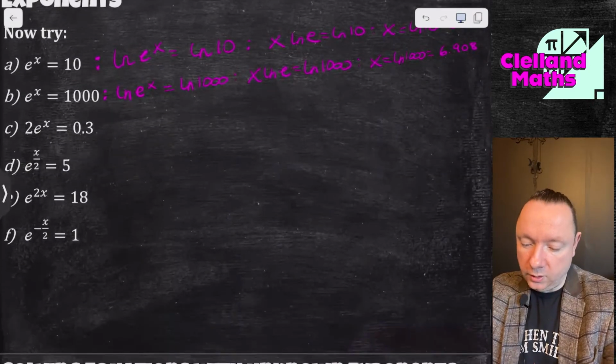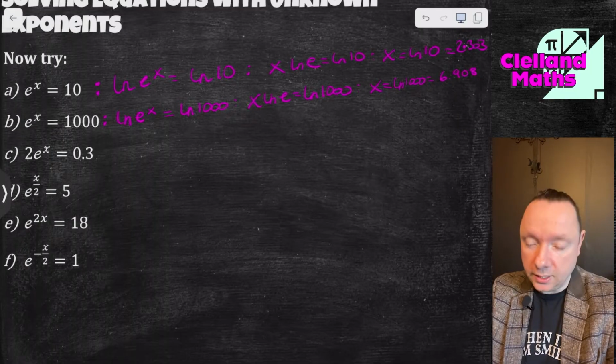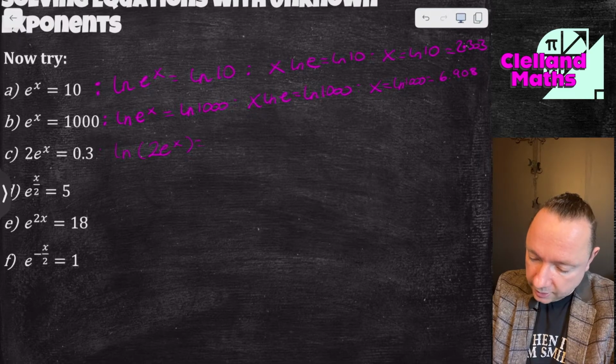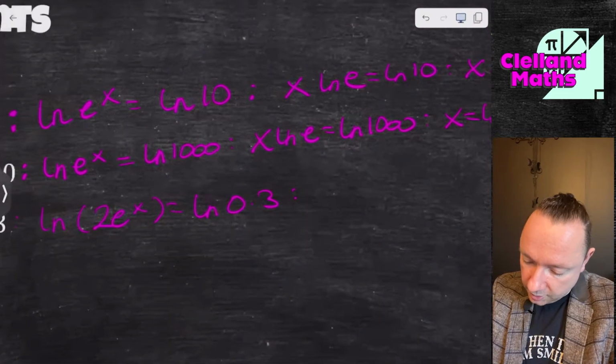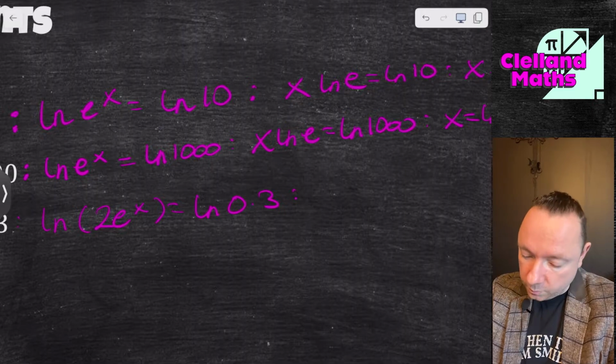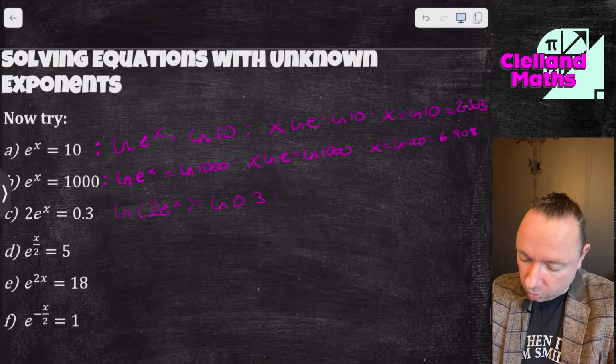Another one, 2e to the x equals 0.3. So again, take the log of both sides. ln of 2e to the x equals ln of 0.3. So now we can split that up into two logs.